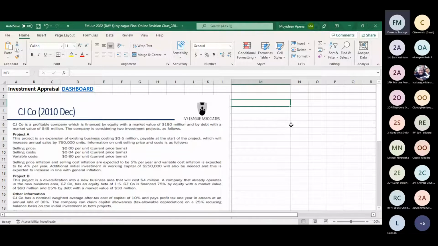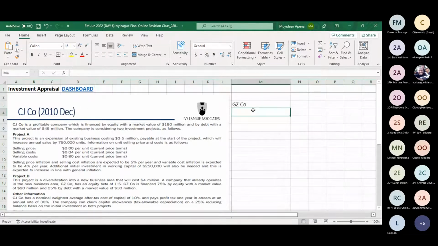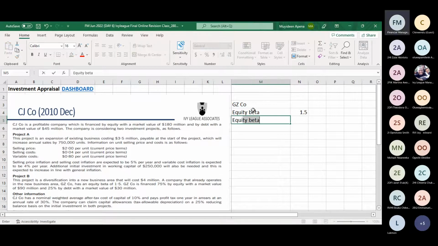First, let's state out the data. GZCO. The equity beta is 1.5. Equity value is 90 million.